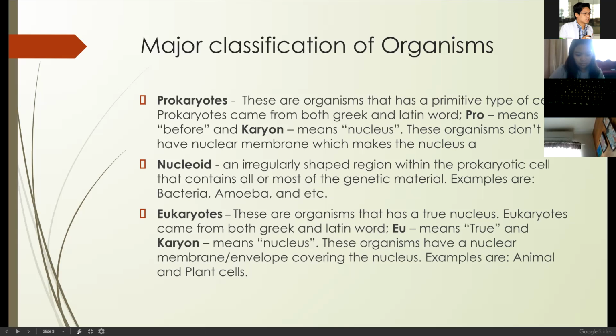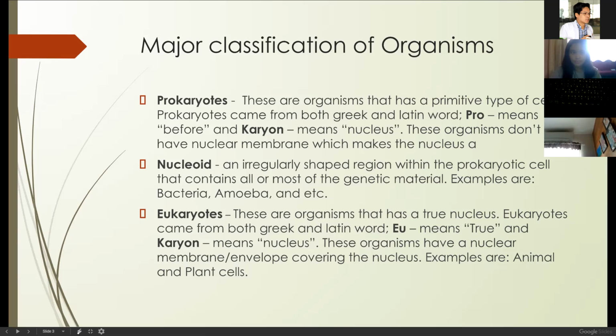Nucleoid, please take down notes. Please take down important details and terminologies. A nucleoid is an irregularly shaped region within a prokaryotic cell that contains all or most of the genetic material. Examples, you can see this one in bacteria, amoeba, and all those microorganisms because they have primitive types of cell.